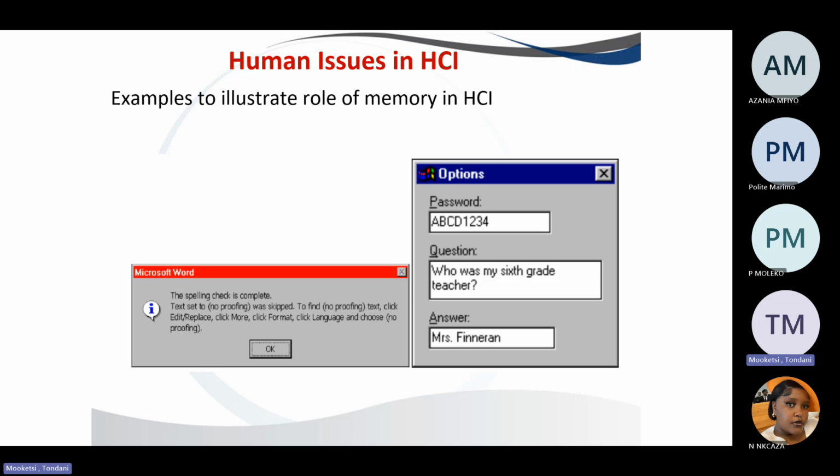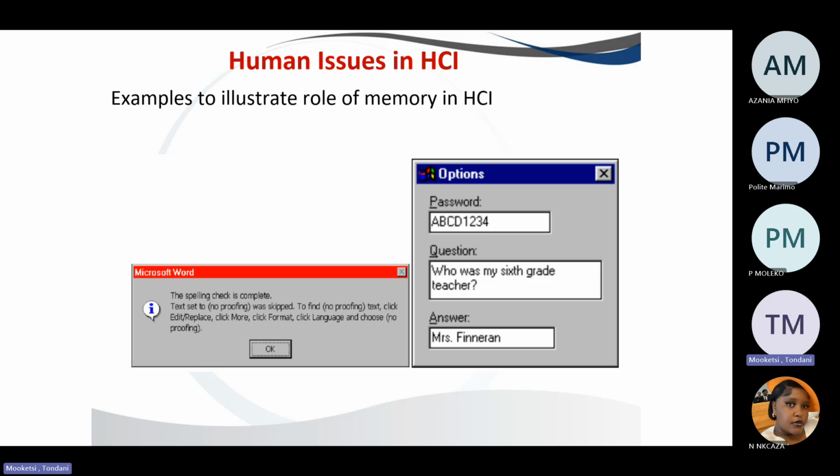If you look at the other box on the right-hand side, this is a typical password reset screen. If a user forgot their password, they click "forgot my password", and it would bring up this screen with the password reset question that the user set up when they created their account.